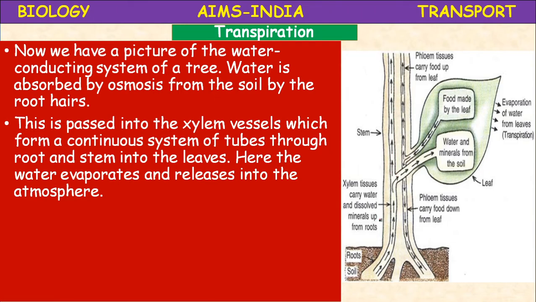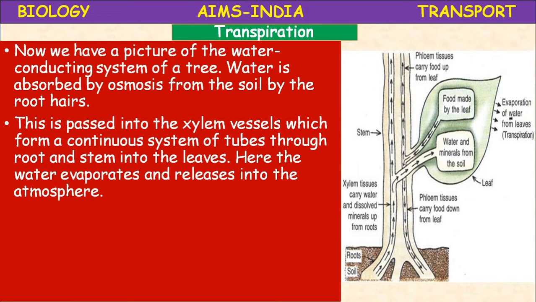In the stem, from the soil, the water and minerals are absorbed by root hairs. It enters the stem by which process? By osmosis. So the xylem tissue carries the water and dissolved minerals up from the roots into the stem. Next, the water and minerals reach the leaves.